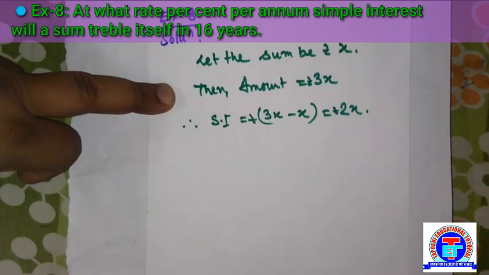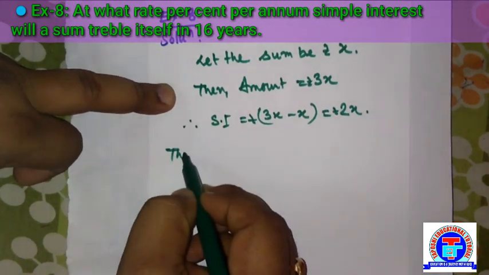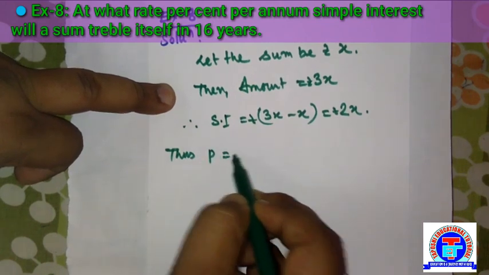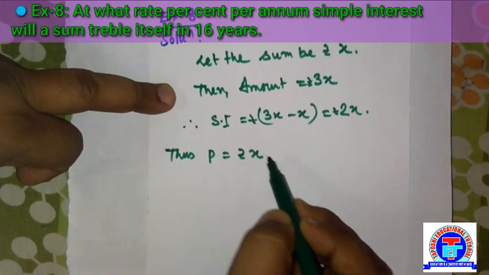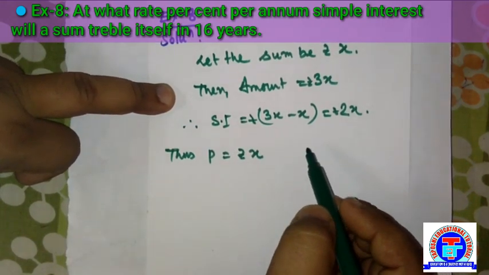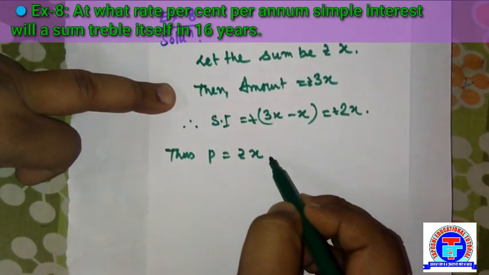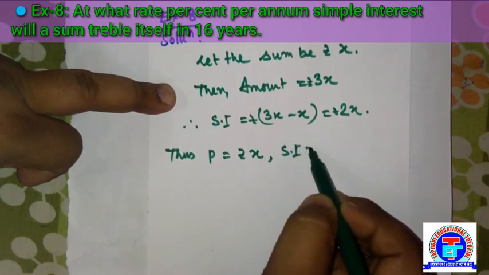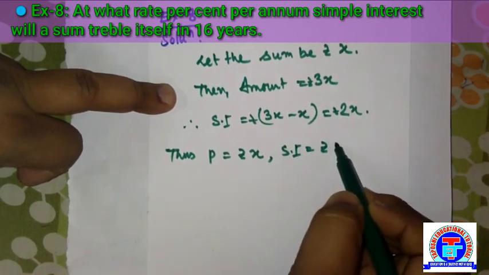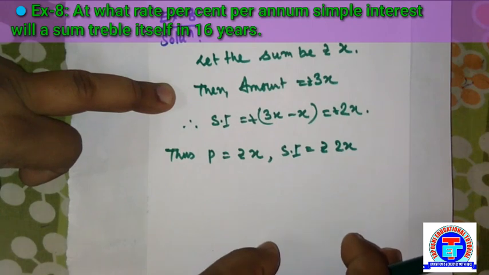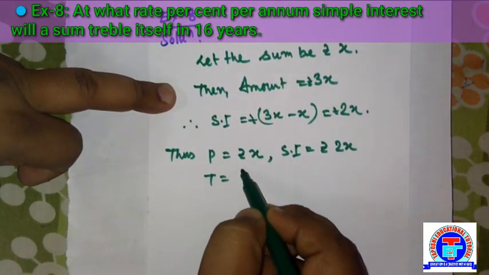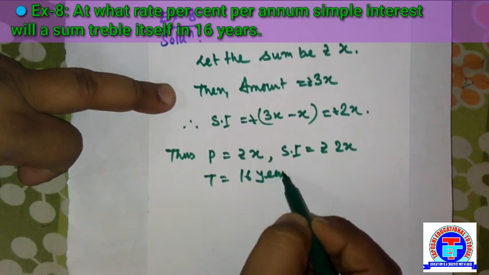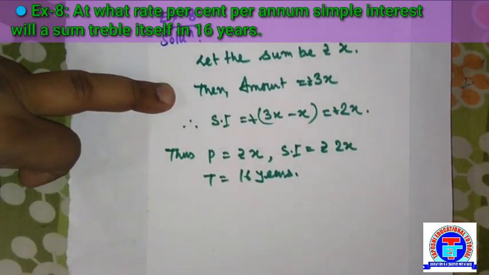Now thus, principal P is equal to rupees x, SI is equal to rupees 2x, and time t is equal to 16 years, right?